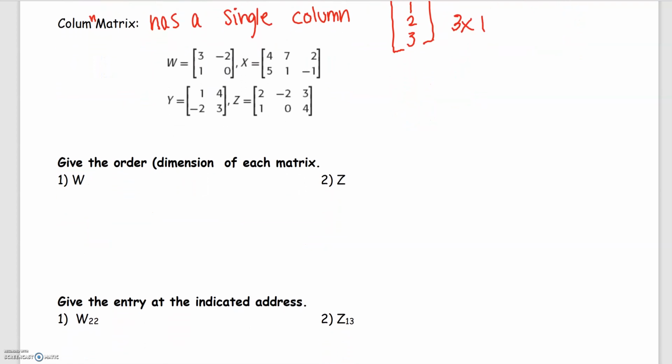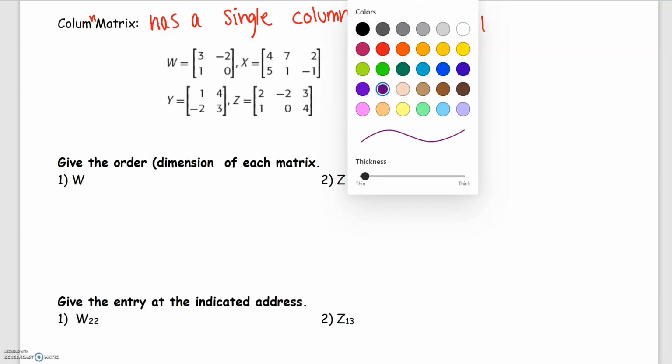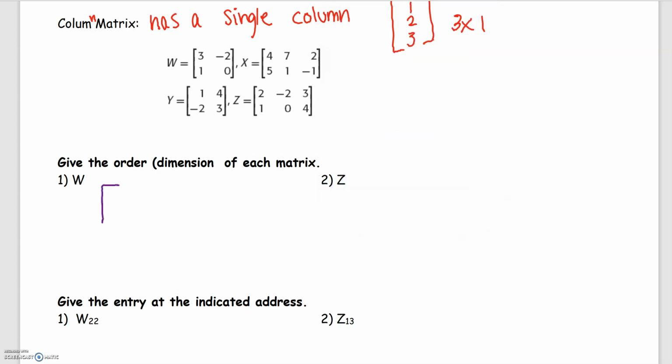All right, so let's take a look at the given order or dimension of each matrix. So for this first one, for W, we have 3, and then 1, and -2, and 0. So the dimensions would be 2 rows and 2 columns, so a 2 by 2.